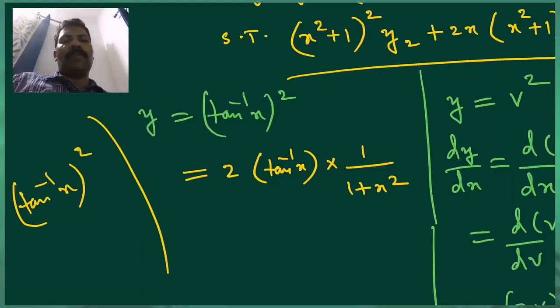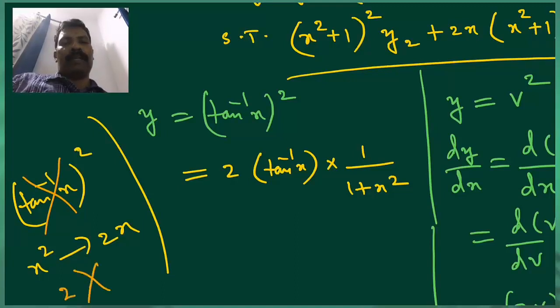So once again, using the power formula, for example, when we have x square, we are writing 2x as the derivative. So here treat this thing as x for a while. Then the x square derivative is 2 into x, then the derivative of x, that is x dash. That we are doing. So take this tan inverse x, then square.